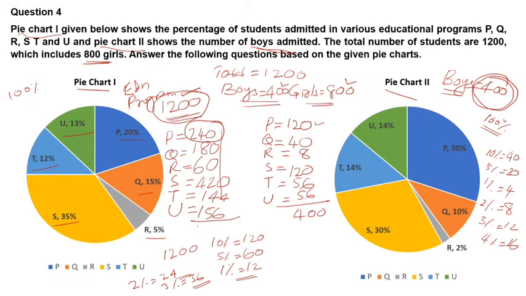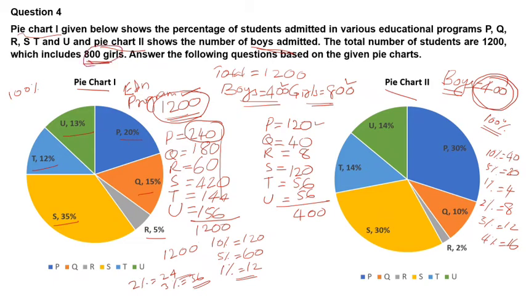Total when you add here, you will get 1200. Now you know how many boys and how many girls there are. Kindly note all this data, then we will go to the questions based on this. Very important. This much information we can get from the given data, and based on it we have to answer the questions given after this graph. 1200 is the total number of students, and out of that it is given 800 are girls.